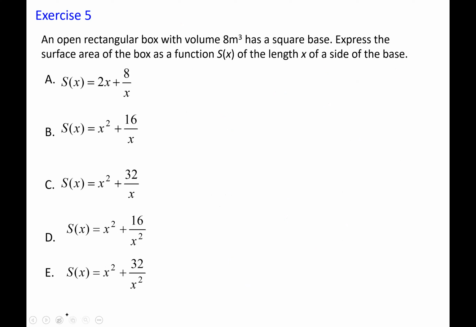Okay, let's check another scenario and another function. An open rectangular box with a volume of 8 cubic meters has a square base. Express the surface area of the box as a function S of x of the length x of a side of the base.